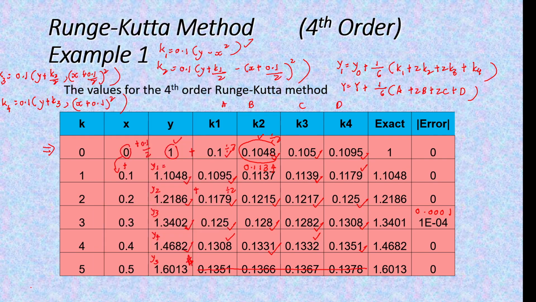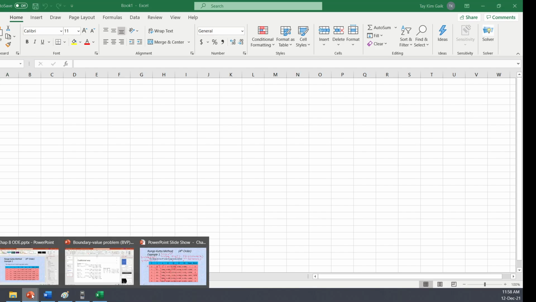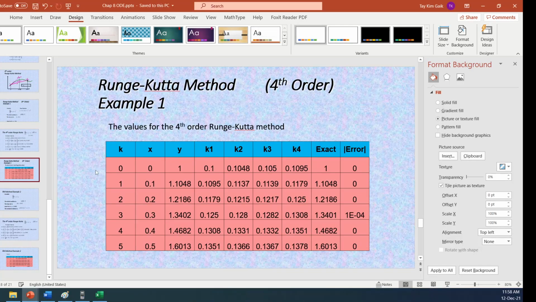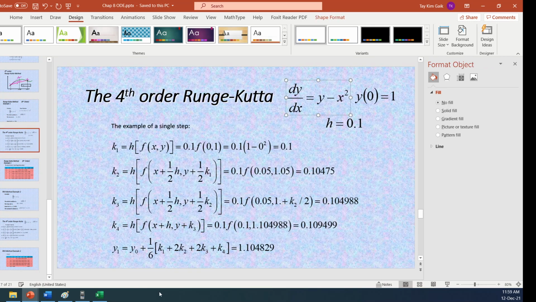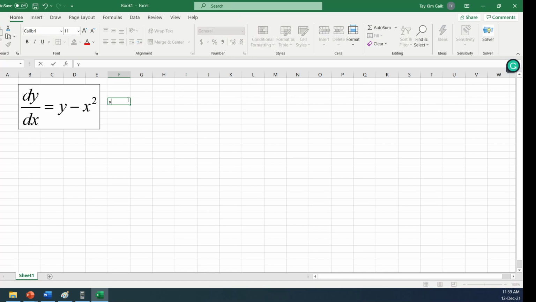However, you can perform it using Microsoft Excel. Let me find back the Excel. We are looking at this problem. We have the initial condition y0 equal to 1.